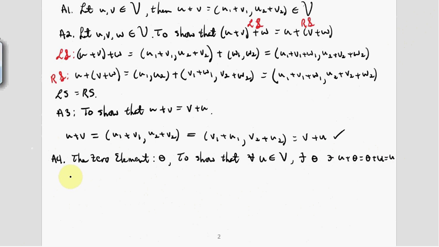Well, I'm going to say directly that this 0 element is 0, 0. Sometimes it's not that easy to see that it's going to be 0, 0, and I'll show you.